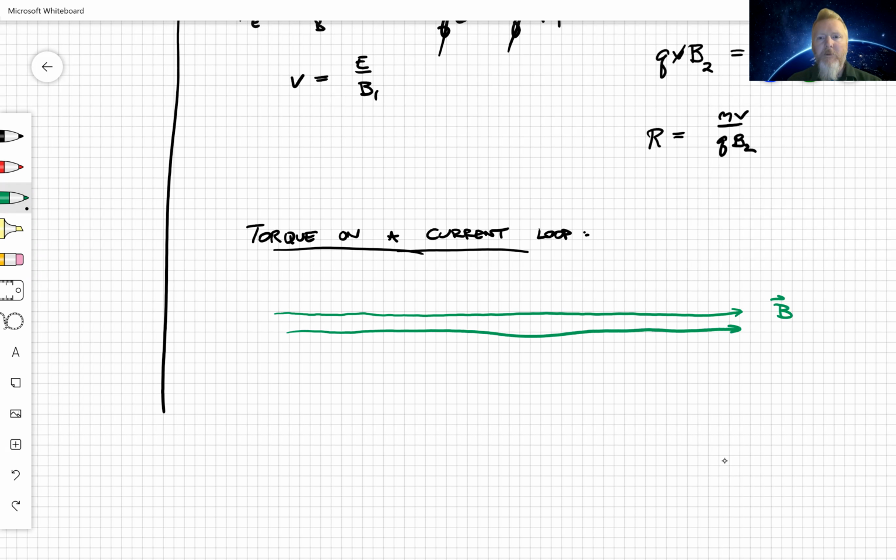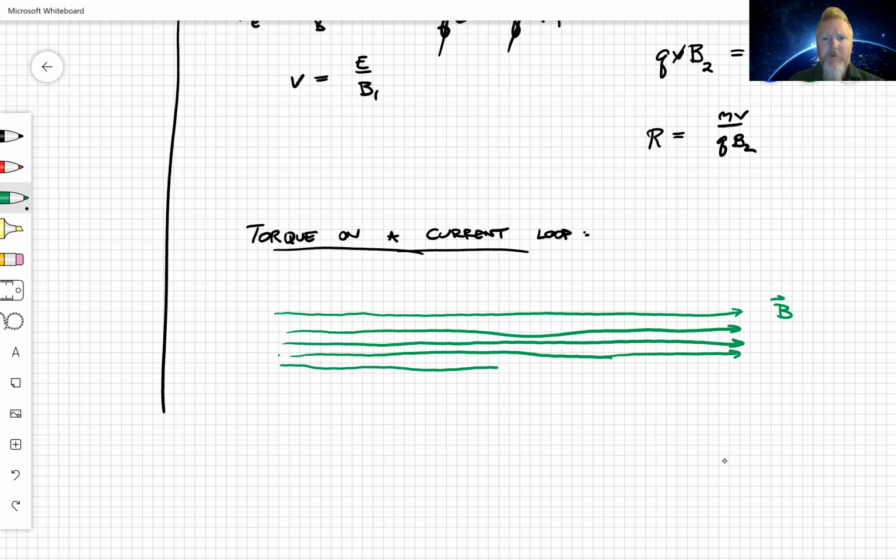Let's draw in a few more of those. Okay, so suppose I've got a B field here and I've got a current loop sitting in it.